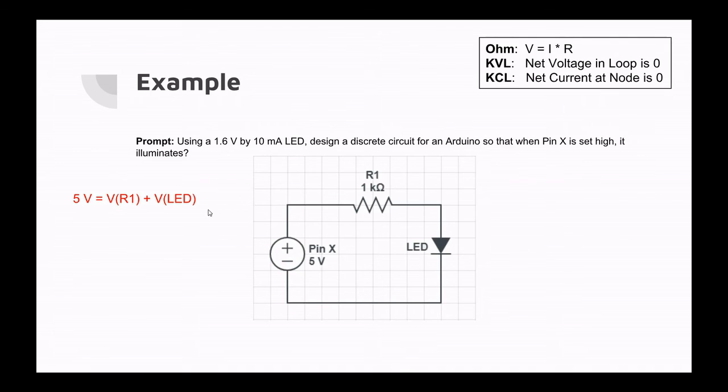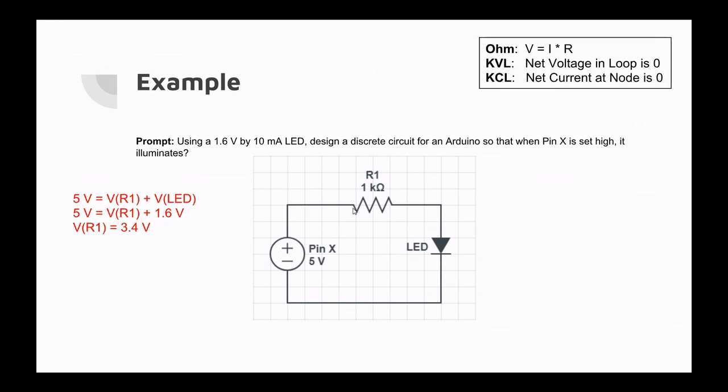Going back to our given, the LED has a constant voltage dissipation of 1.6 volts. So 5 volts equals voltage R1 plus 1.6 volts, which gives voltage R1 equals 3.4 volts. So in this circuit, 3.4 volts are dissipated across R1.